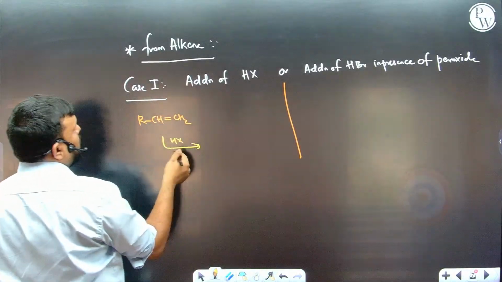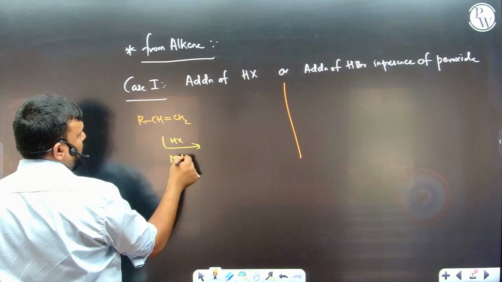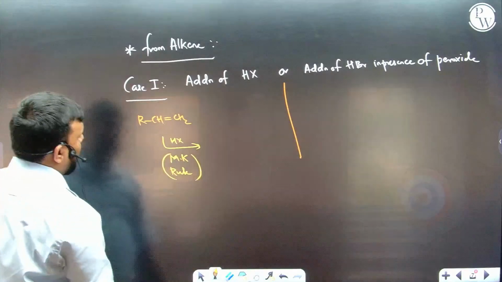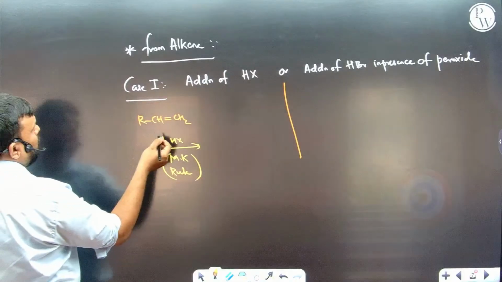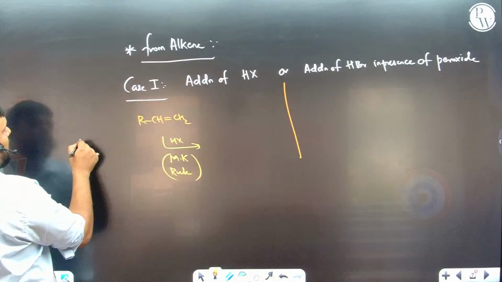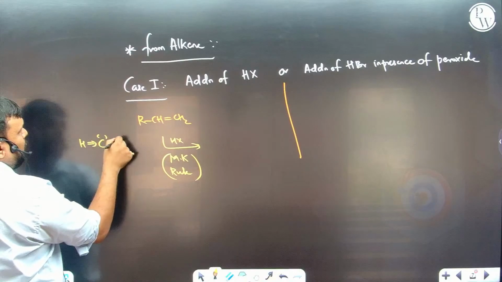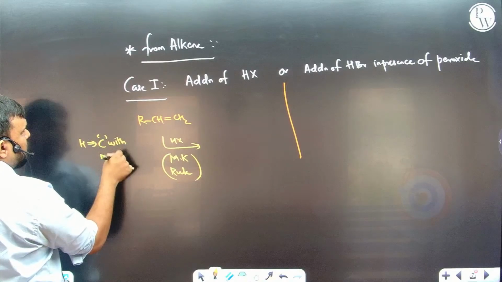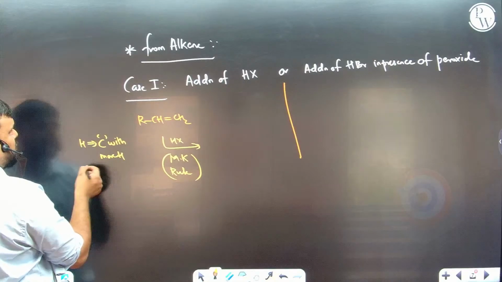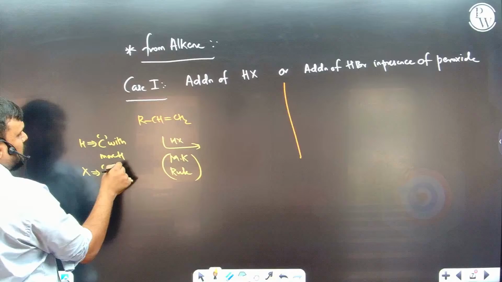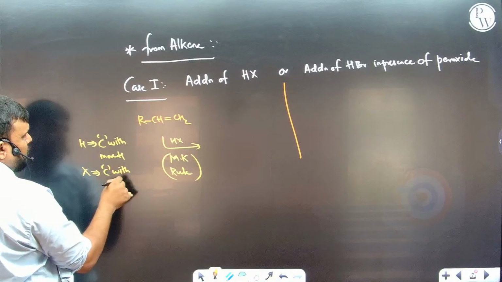We will follow the Markovnikov rule over here. I am simply writing MK rule, and everybody knows what happens in Markovnikov rule. We will be having addition of hydrogen to carbon with more hydrogen and addition of halogen to carbon with less hydrogen.